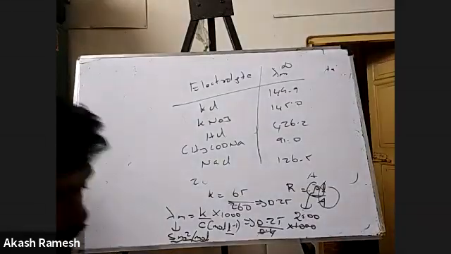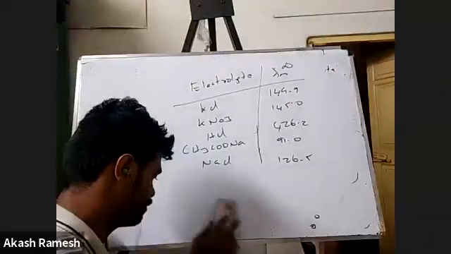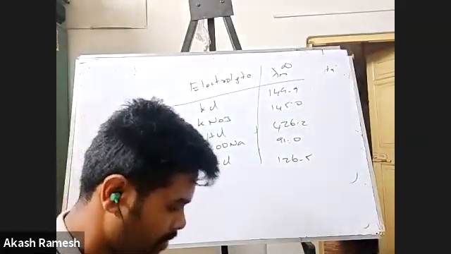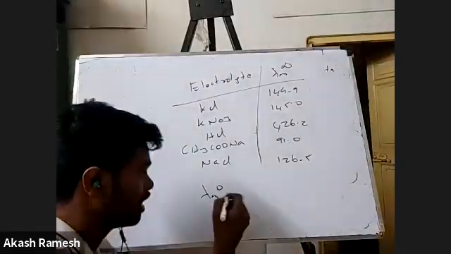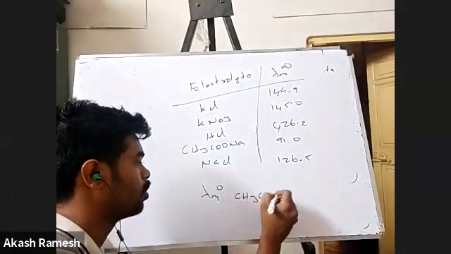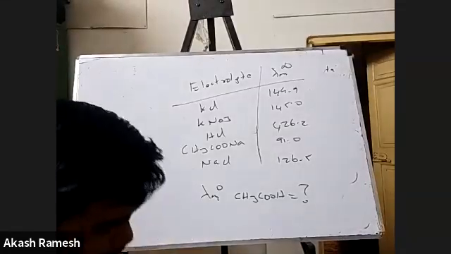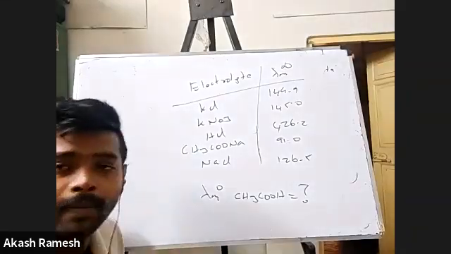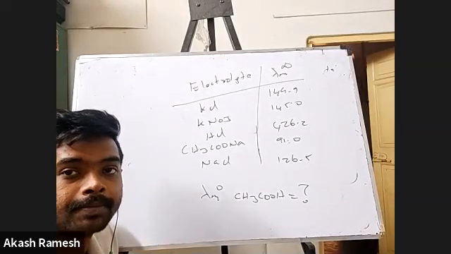Okay, so this data is given to you, and they're asking you what is lambda m naught or lambda m infinity of CH3COOH. Which area is the question from? Kohlrausch's law. Yeah.